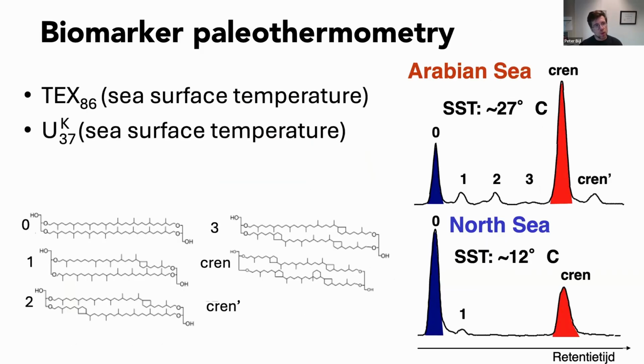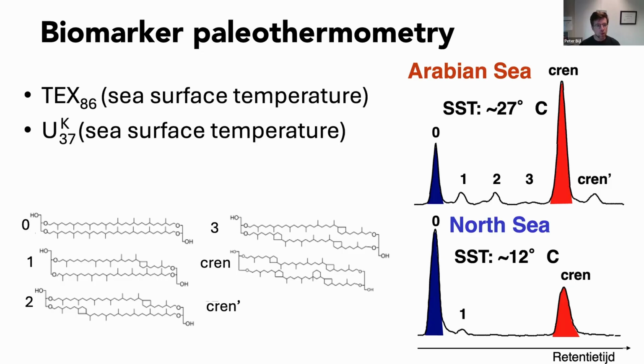So another proxy that we use in our work here in Utrecht is also an organic proxy. The reason why we use them together is because they have the same preservation potential: these biomarker paleothermometry proxies. So I won't go into much detail about it, but we basically apply two temperature proxies based on membrane-spanning lipids of two different organisms.